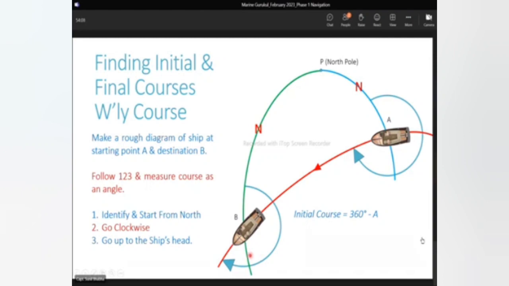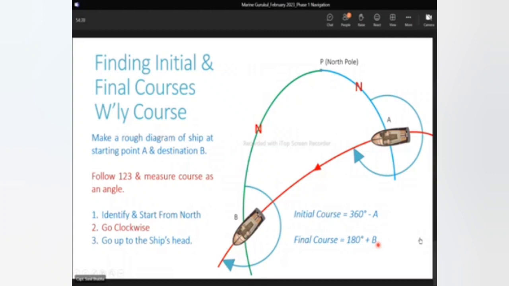So this now tells us that our final course is going to be 180 plus angle B. So you can see here the final course will be 180 degrees plus angle B.